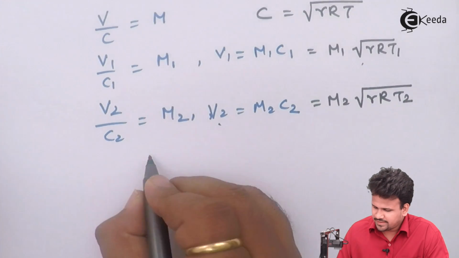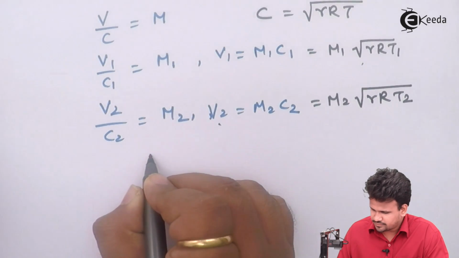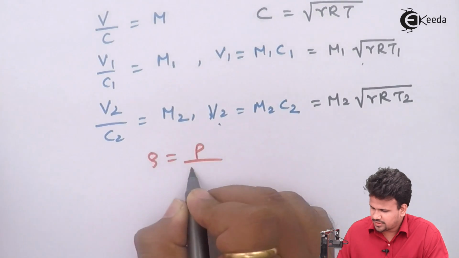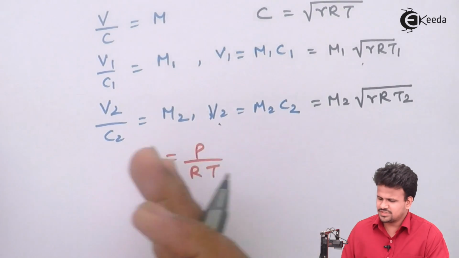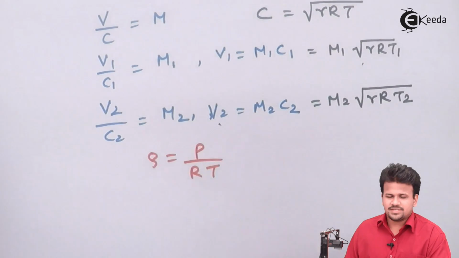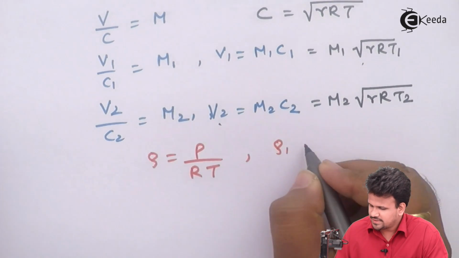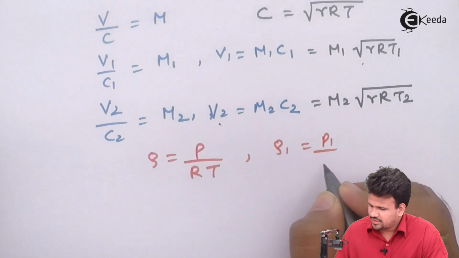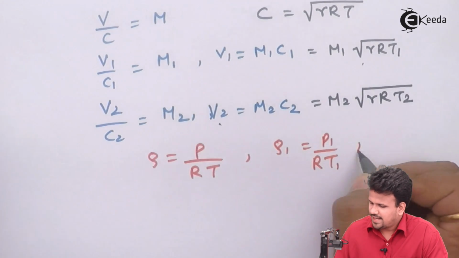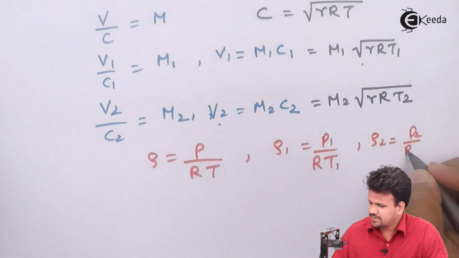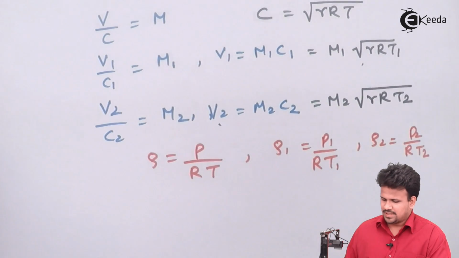Similarly, we know that the density ρ is equal to P upon R into T. This is due to the ideal gas equation. So we can write ρ1 is equal to P1 upon R into T1 as well as ρ2 is equal to P2 upon R into T2.